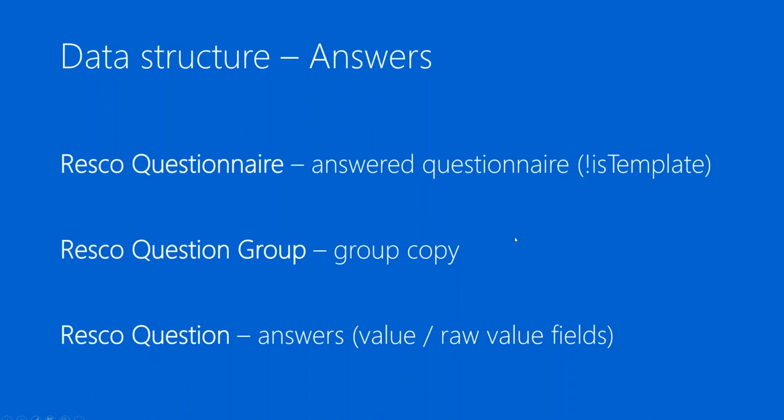We copy also groups, but more importantly we copy also the questions. Now they will hold answers, so there will be fields called value or raw value fields, which will hold the answers provided by the users. So in these three entities, you will find the template data as well as the answer data.